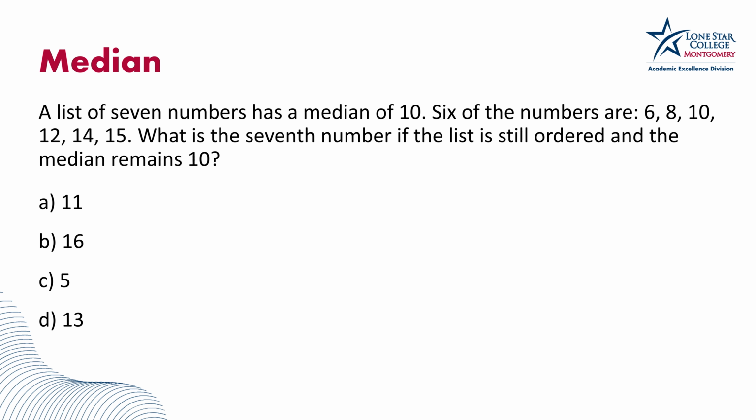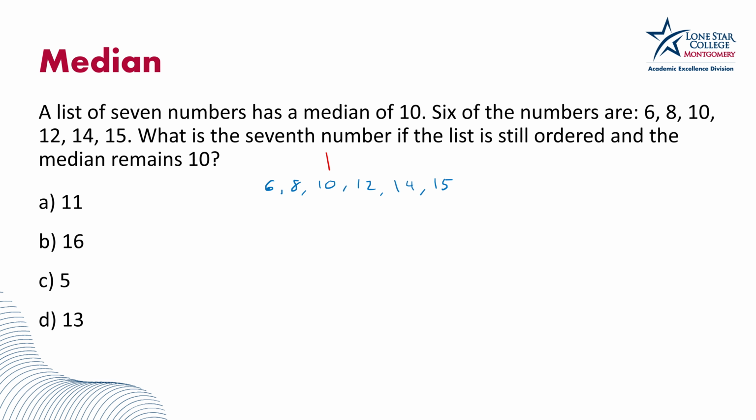So let's list out the 6 numbers here: 6, 8, 10, 12, 14, and 15. So the question is, we need to figure out where the 7th number would be in a way where the median remains 10. So we want the median to still be 10 here.